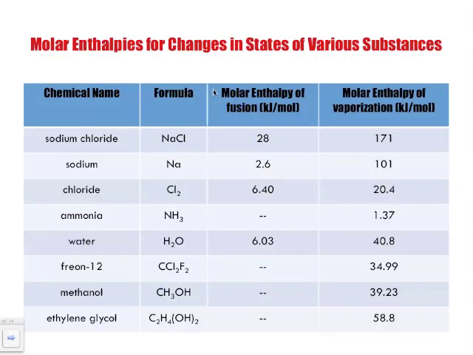So here's an example of a table of molar enthalpies that might be given to you by your teacher, or they might find in a reference book, where you will have the molar enthalpy of fusion, and then the molar enthalpy of the same thing for vaporization. All right. So be careful when you're reading your sample problems and trying to figure out which one to use, and make sure you use it accordingly.